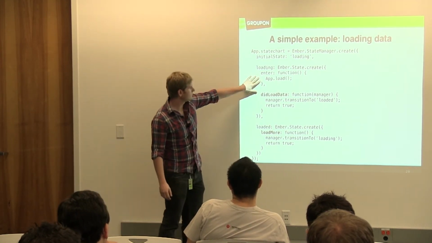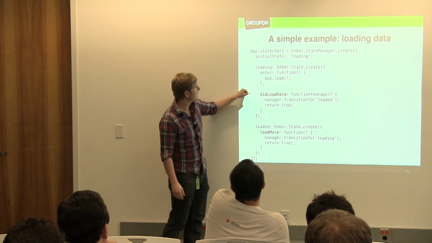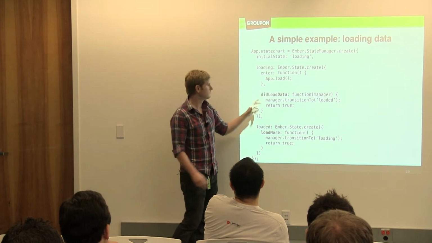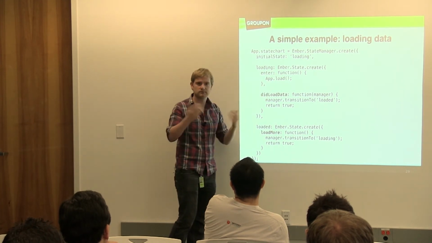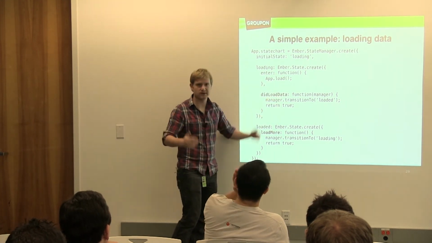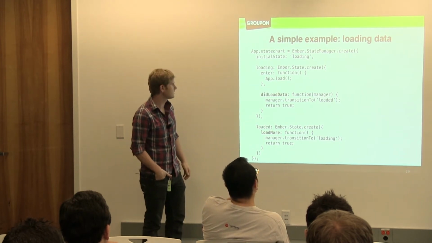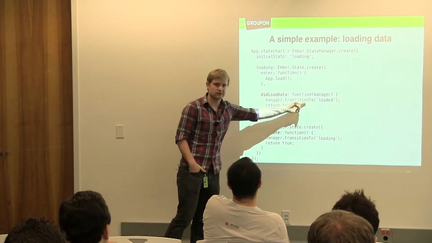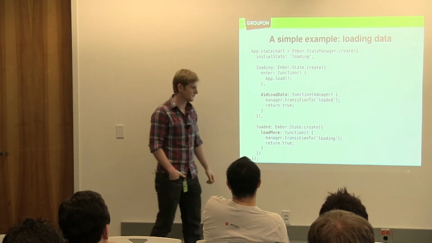When I'm in here, I actually didn't show an example of this, but I could do app.stateChart.send didLoadData, with a response or any, depending on how you set your state chart up. Then it'll actually call this function, try to transition to the loaded state, and then vice versa.